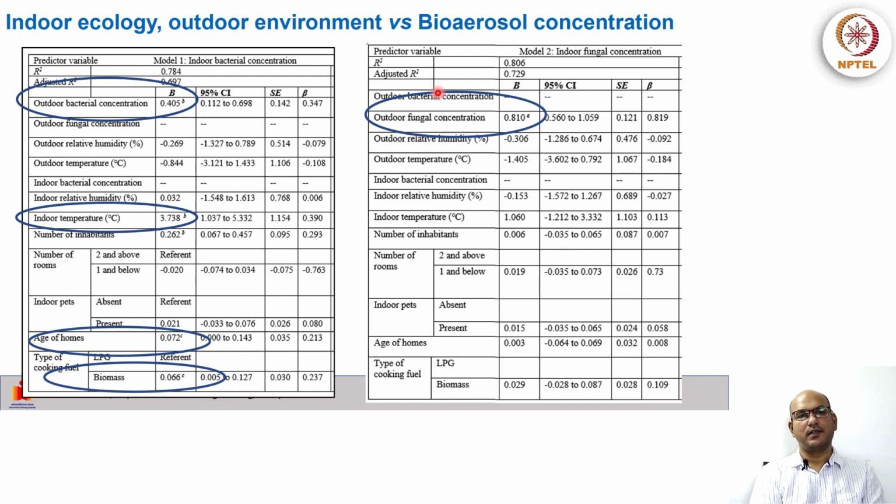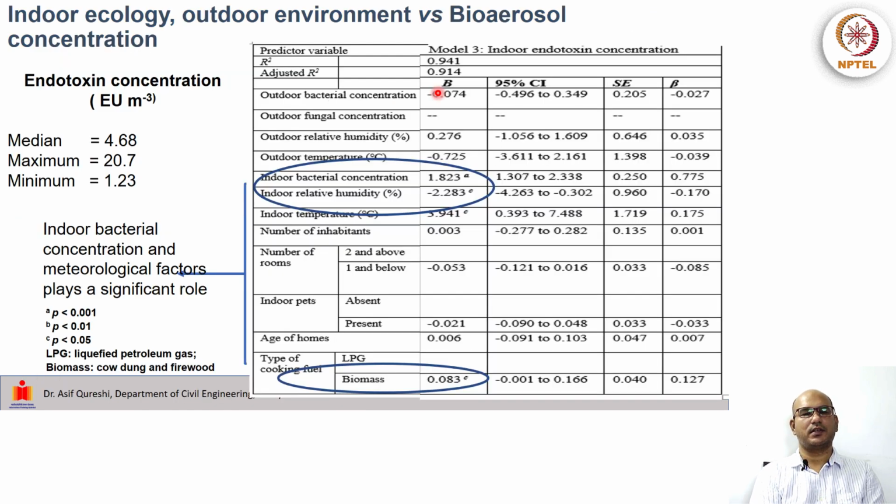Next, we also looked at the indoor air endotoxin concentrations, with the median concentration being 4.6 endotoxin units, along with minimum and maximum values.